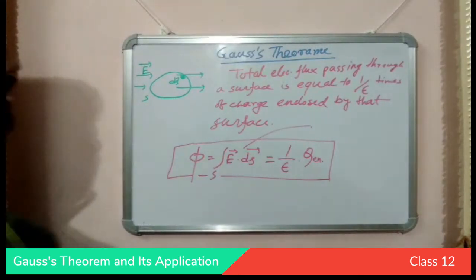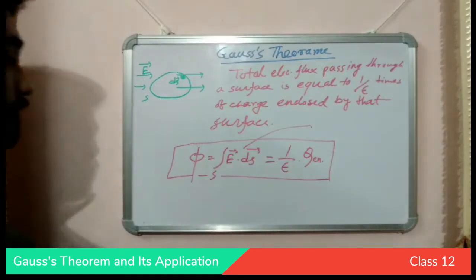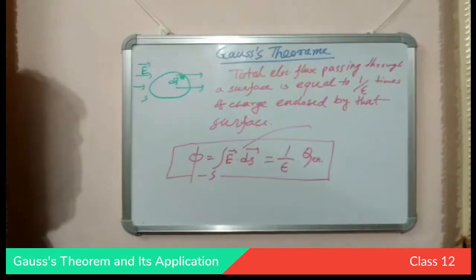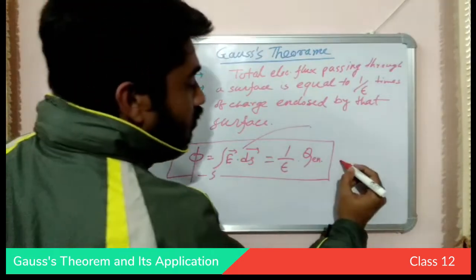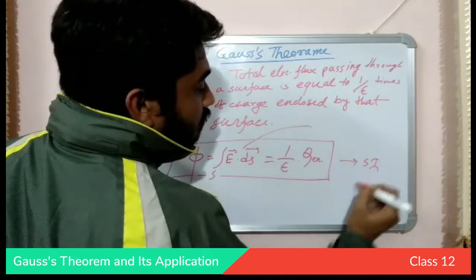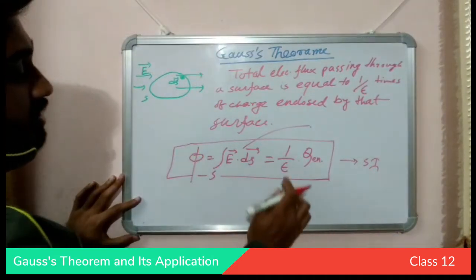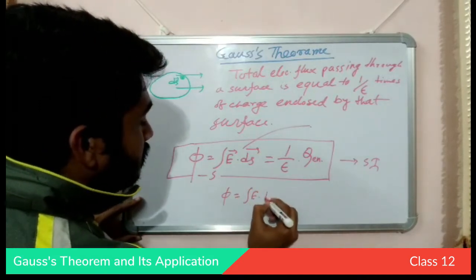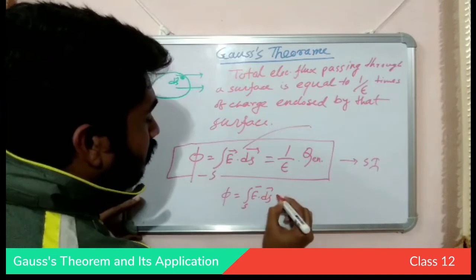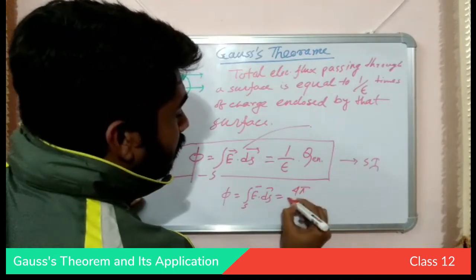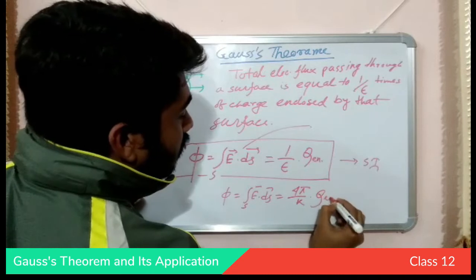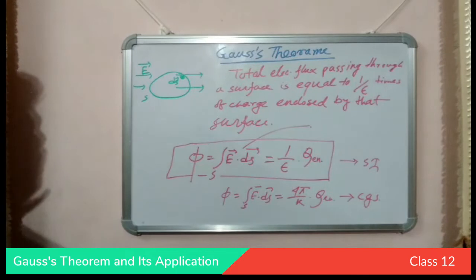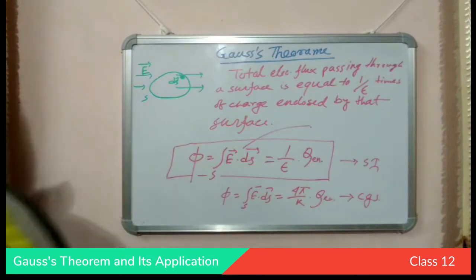So this is our mathematical form of Gauss theorem, and this is the integral form, and this is also the SI form. In CGS, the 1 by epsilon will be changed, and this would be phi is E dot ds on the surface is 4 pi by k into q enclosed. This is the CGS form, and it's not so difficult.